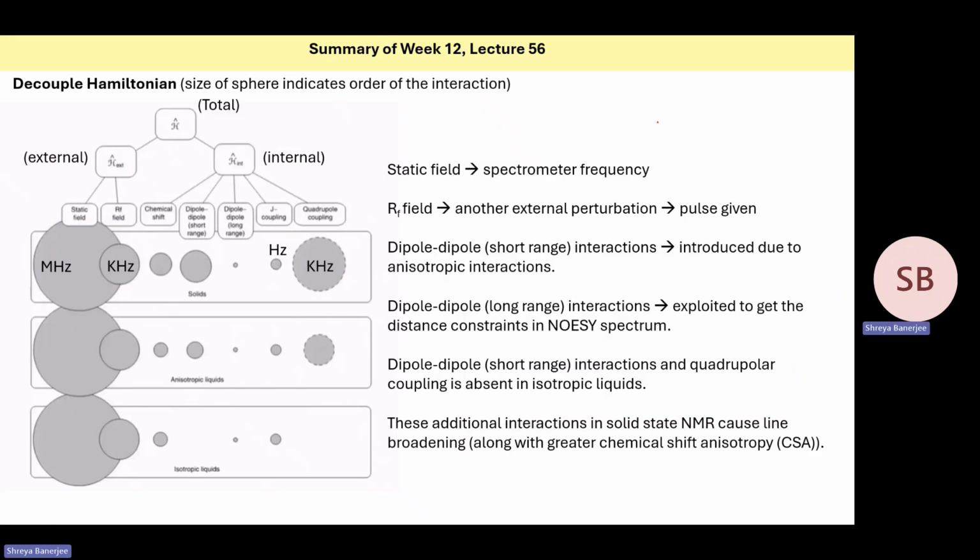Suppose in isotropic liquid, you have a very sharp peak, and in solid, you have an extremely broad peak. Anisotropic liquid will be somewhere in between these, where you have a peak with medium line broadening. Because you do have these additional dipole-dipole and quadrupolar interactions, but they are of smaller magnitude compared to the solid state NMR.